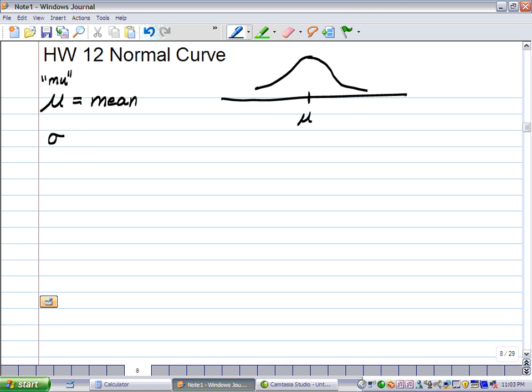And we're going to use a lowercase Greek letter sigma for the standard deviation. We say it sigma. Okay.